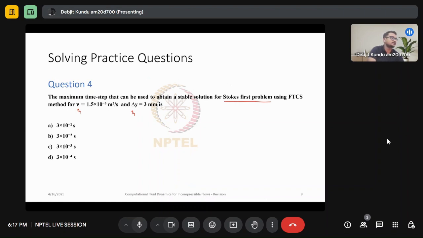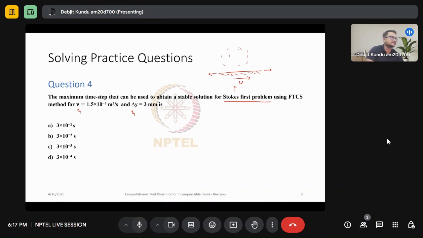And so a quick refresher. Stokes' first problem is the problem of a suddenly started infinite plate. So imagine this, a plate was stationary and there was some fluid on top of it, and this plate is infinitely long, and you suddenly start moving the plate with a certain velocity u.